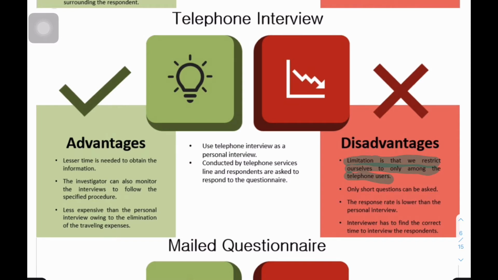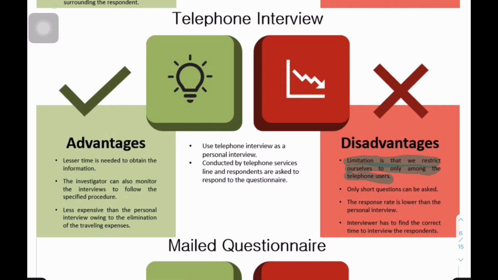So we have restriction di mana kita hanya boleh telefon orang yang ada telefon sahaja. Tapi kebanyakan daripada kita pada zaman sekarang ni semuanya ada telefon. Orang tua pun ada telefon, orang muda pun ada telefon, budak-budak pun ada telefon. So this one is not really the disadvantages of this method. Okay, but we can consider this one as well.